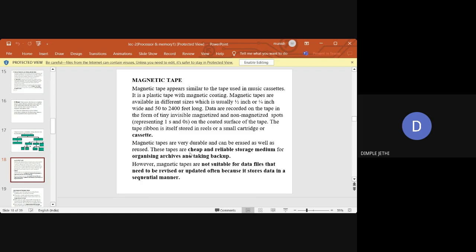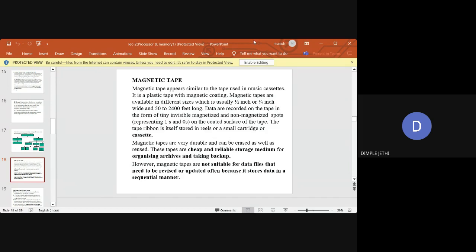But they are not suitable for files which you need to update or read frequently. As I said, if you need to read and update some data frequently, you will keep it in the hard disk, which you can use on a daily basis. That is your online storage.